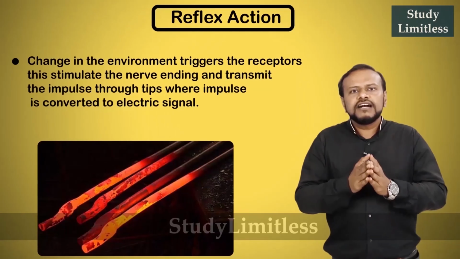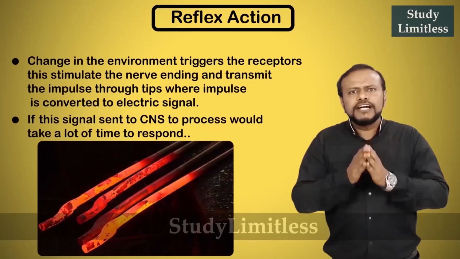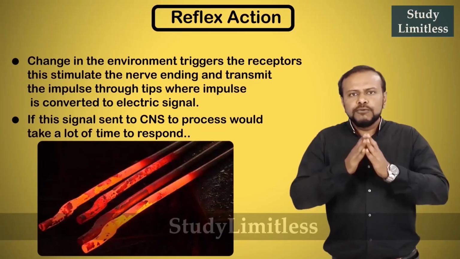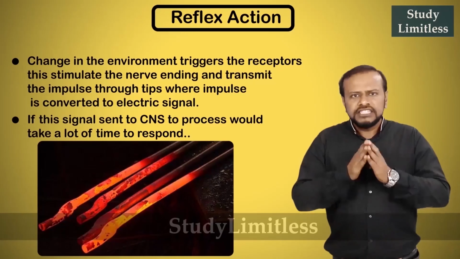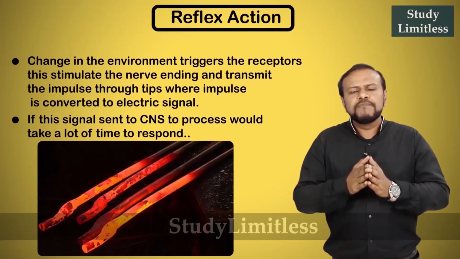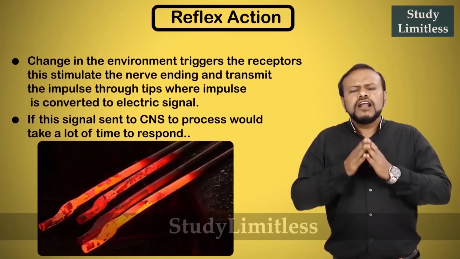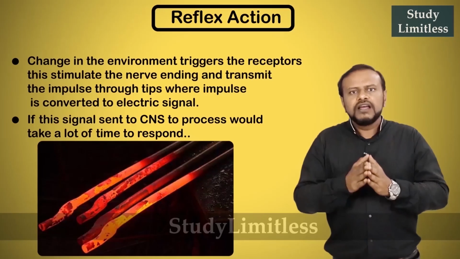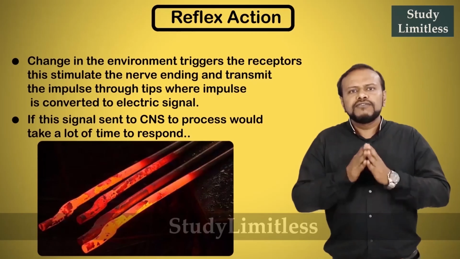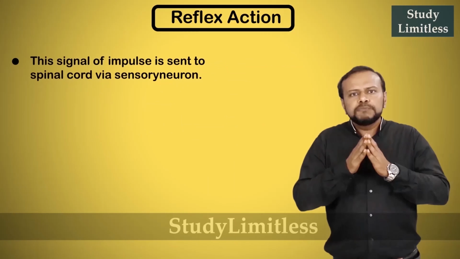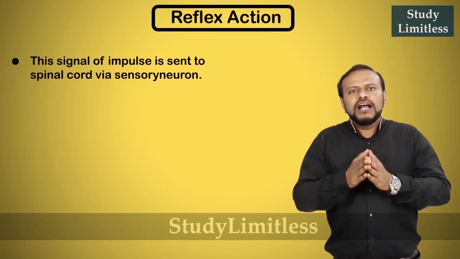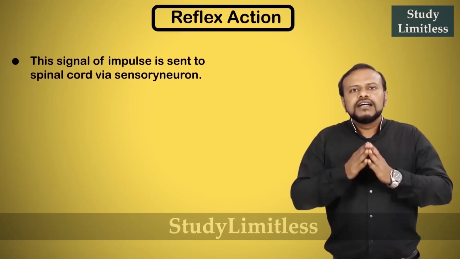Now if this electric impulse is sent to the central nervous system to process, the central nervous system, being a complex tissue of nerve cells, would take a lot of time to respond. Hence, an alternative is performed, wherein this electric impulse is sent to the spinal cord via the sensory neuron.